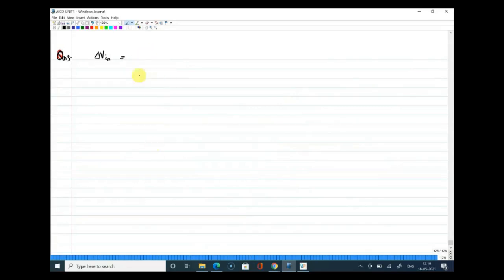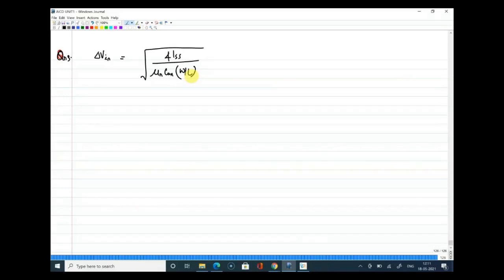Delta V in is equal to under root of 4 ISS divided by mu n C ox W by L. You will get this result as a part of a derivation. You can refer to a differential amplifier chapter in Razavi, right? There you will get this expression, and with this you can solve this question.